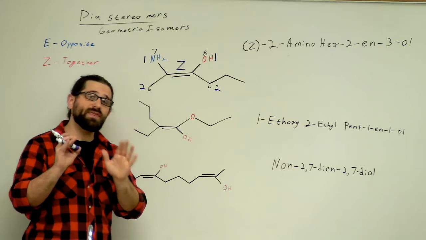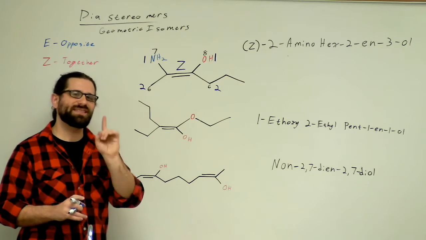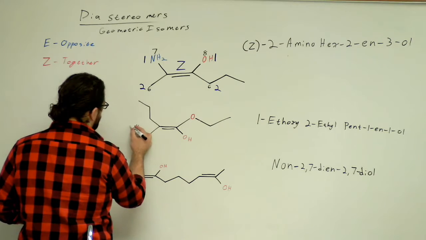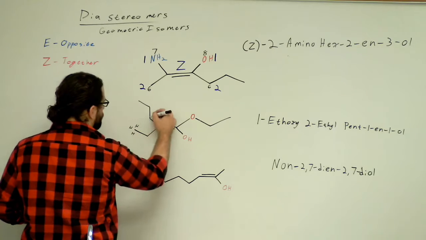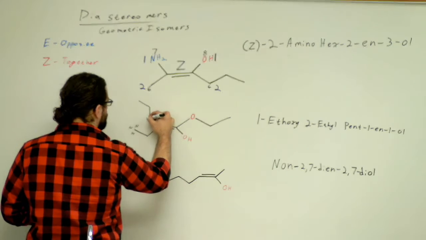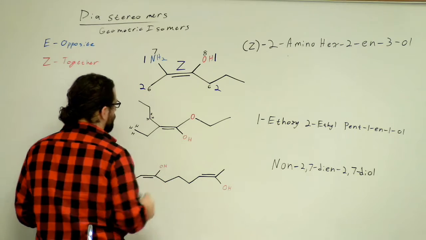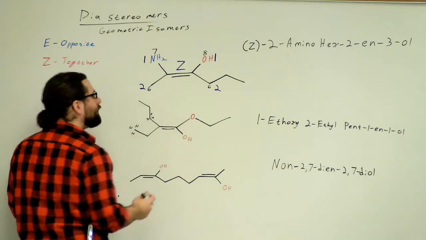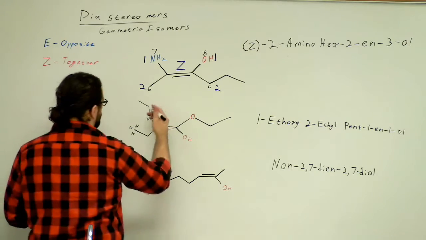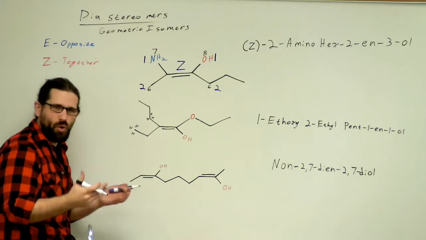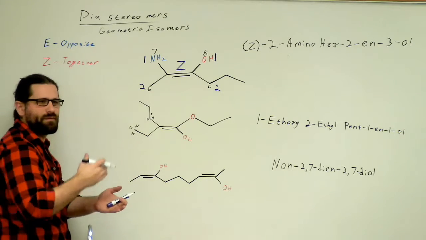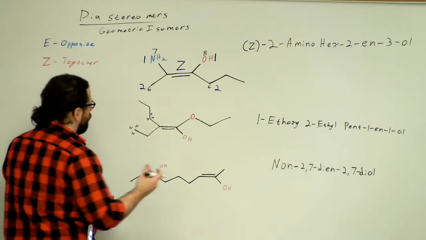And what I'm going to do at that point is look at all of the things that it is connected to. So this is connected to an H, an H. This one is connected to 2 hydrogens and a carbon up this way. Once I've figured that out, I'm going to tally up all of their atomic numbers together, just like I would if I were playing a poker hand. I can win just by having a larger point value on my cards.